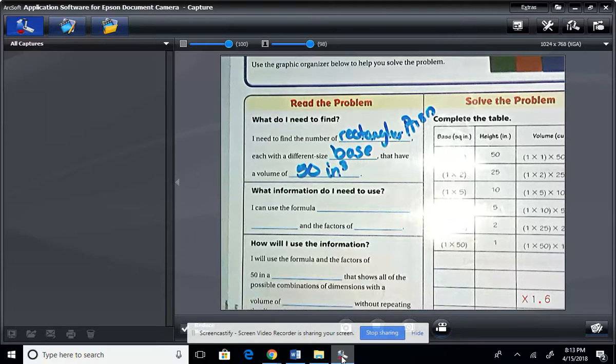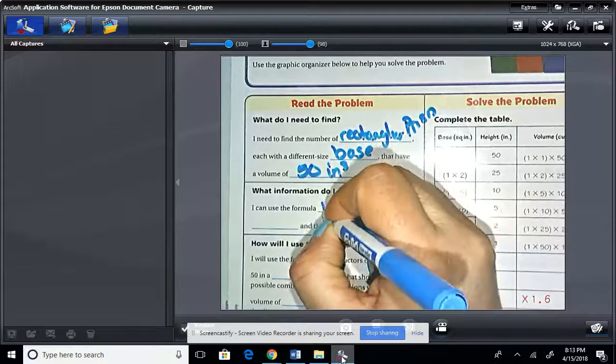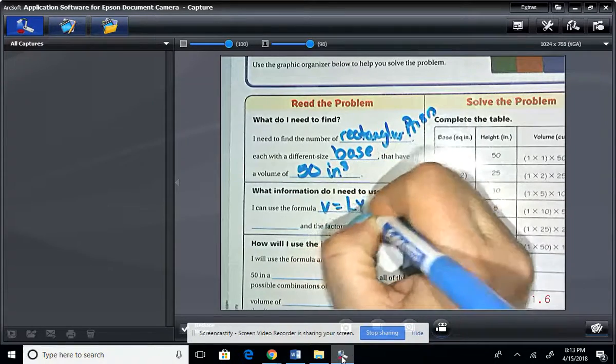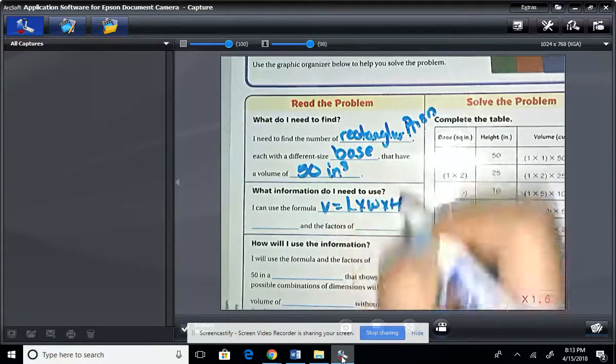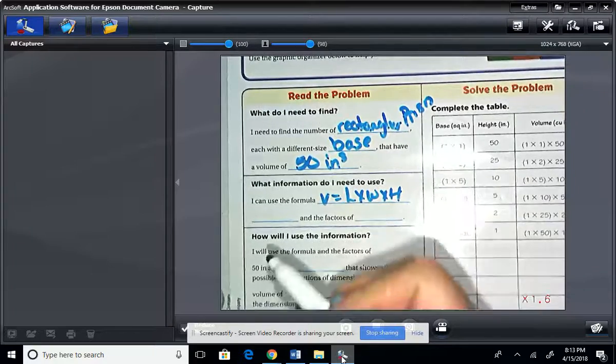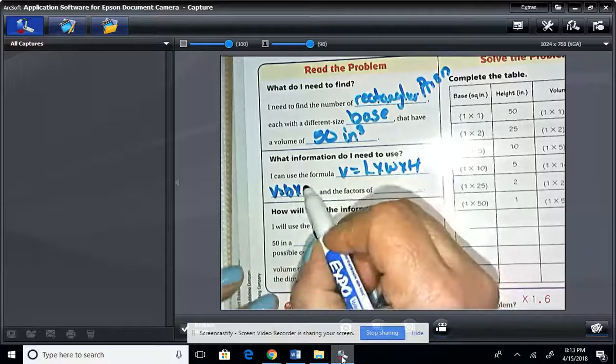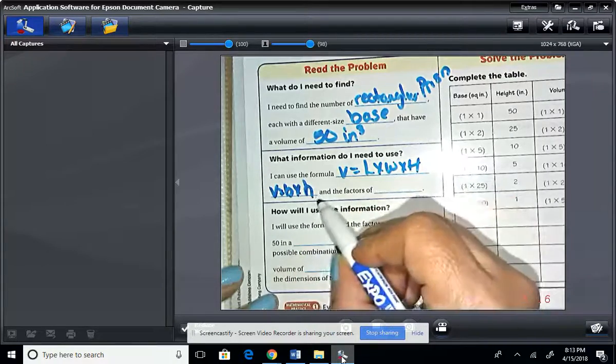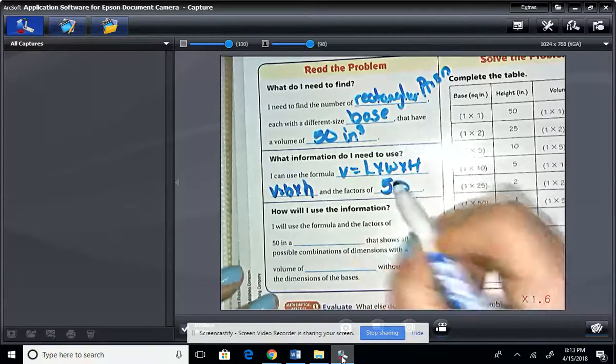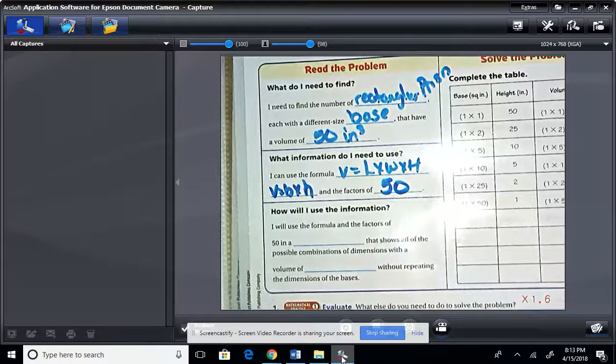All right, I will use the formula of volume equals length times width times height. Or we could do volume equals base times height, and with the factors of 50. So this is where you have to know your facts, guys.